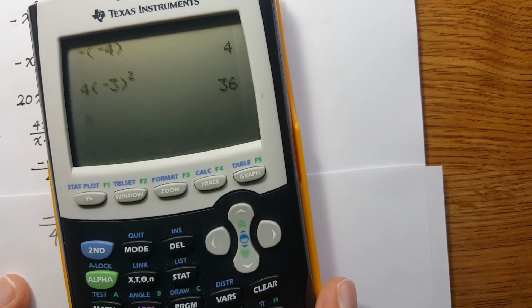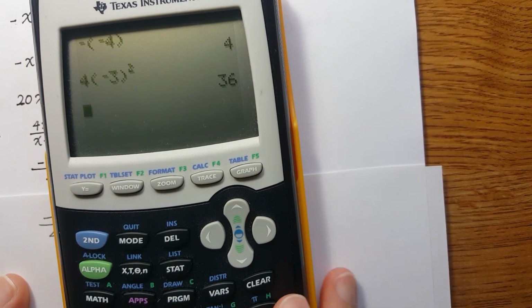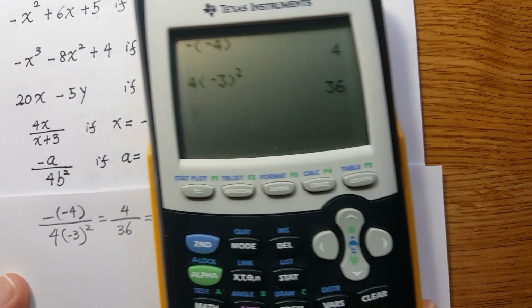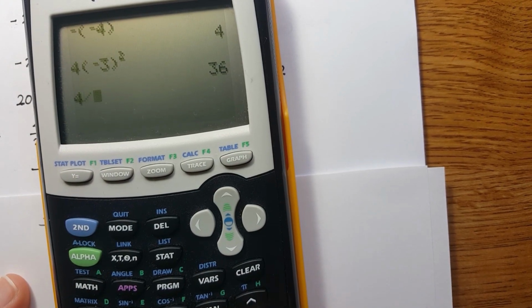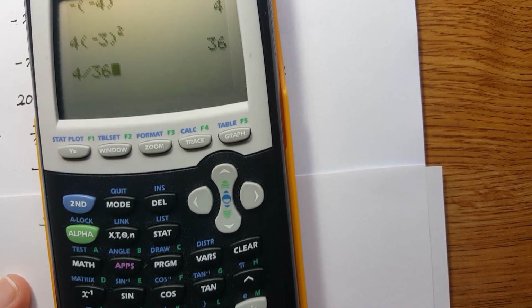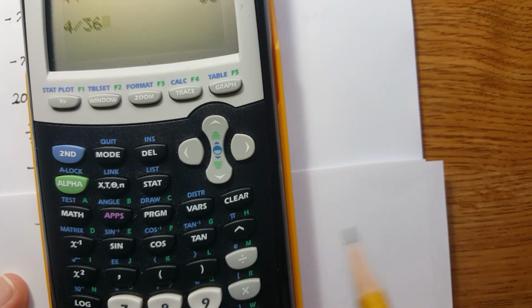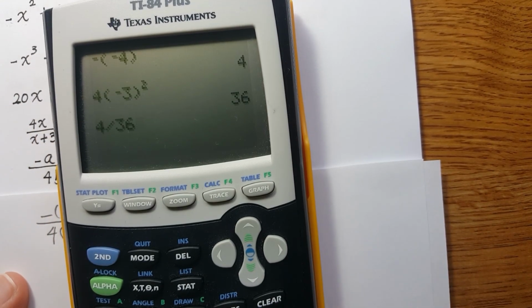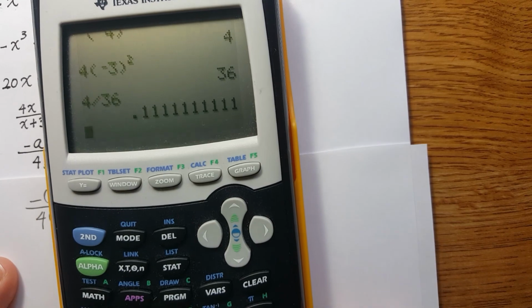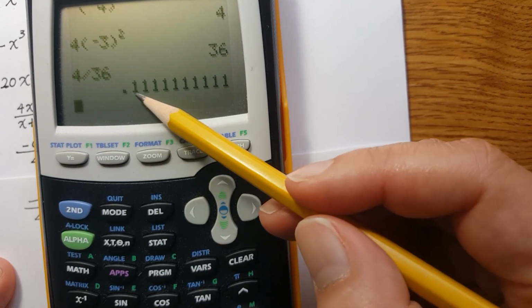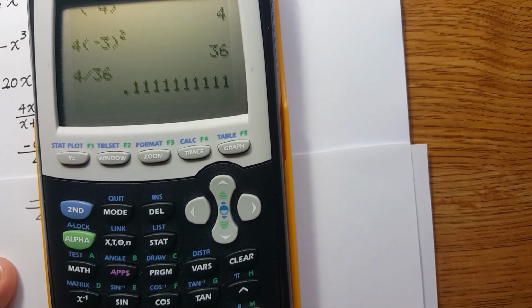So if you know how to simplify, you can simplify, or you can also use a calculator. I'll show you how to simplify using a calculator. You have 4 over 36. So you put 4 divide 36. You have to press the division sign to get the slash. And then you press enter. You get a decimal, 0.11111. But you don't want this in the decimal. Then you have to make it back to a fraction.